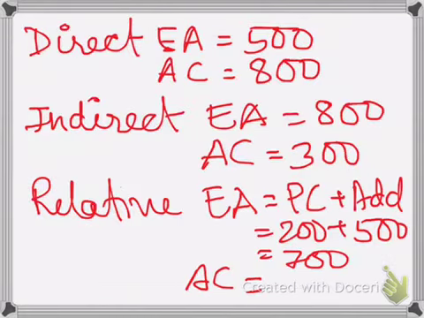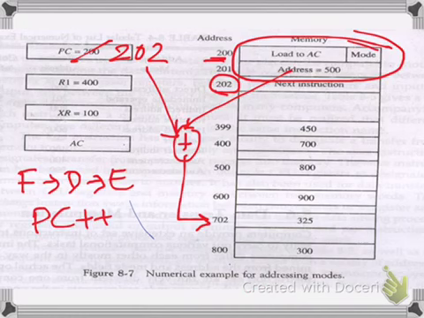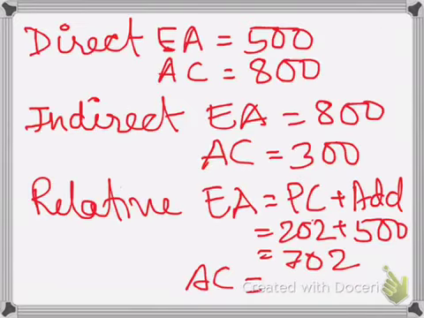So in case of relative, instead of 200 we have 202, so we get 702. In address 702 we have the value 325, so 325 would be loaded into the accumulator.